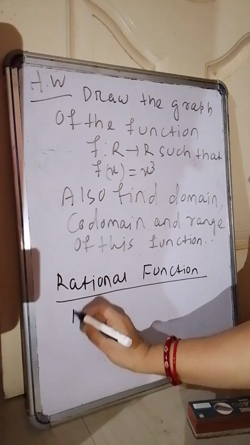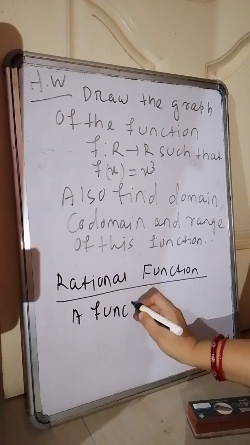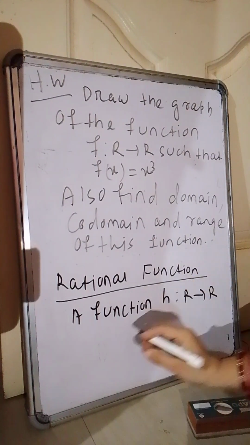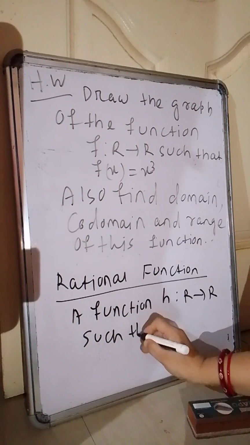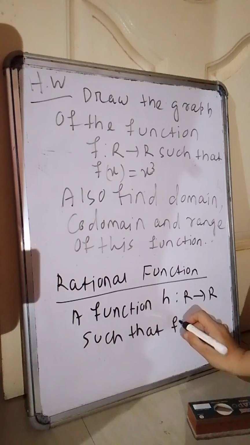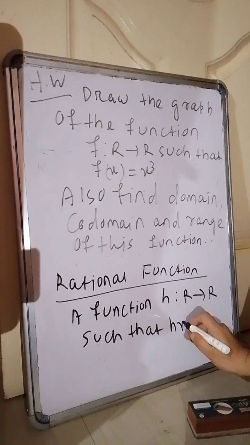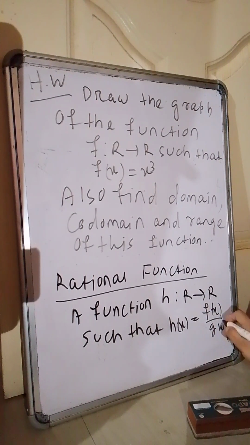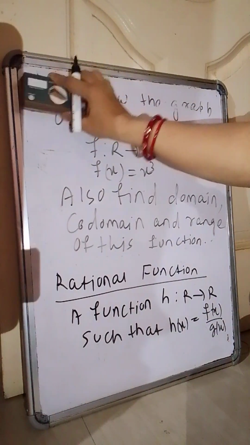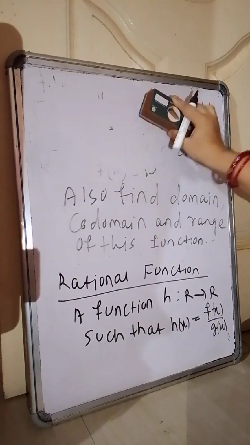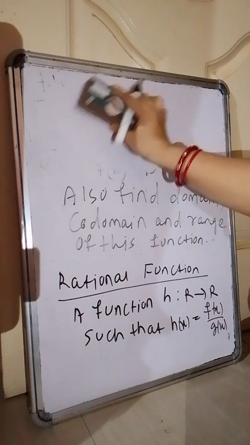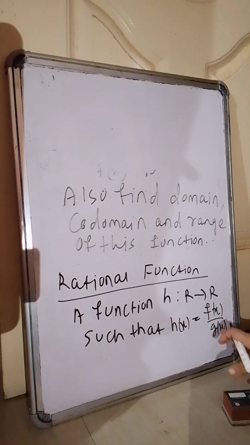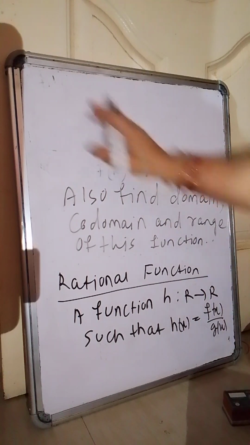Similarly, consider a function h from the set of real numbers R to the set of real numbers R such that h of x is of the form f of x by g of x, where g of x is in the denominator, so g of x will be not equal to 0, because any number by 0 is meaningless.